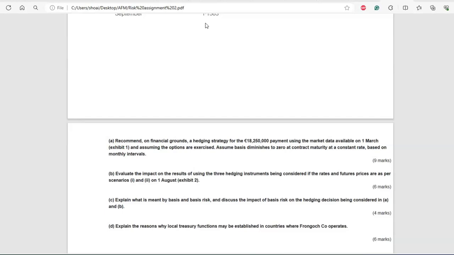A local treasury function will make decisions speedily. It will understand the local needs more. It will understand the regulatory, tax, and other legal requirements more. And local treasury staff would be more aware of local trends in the banks.